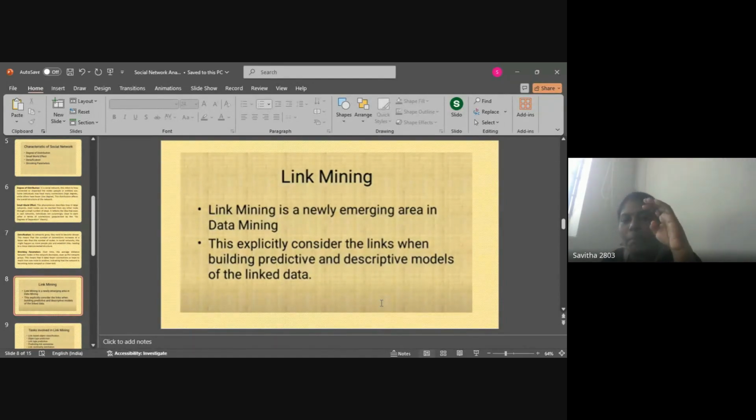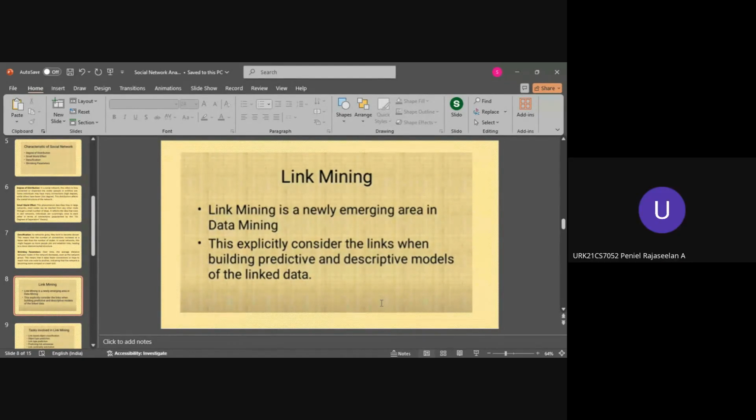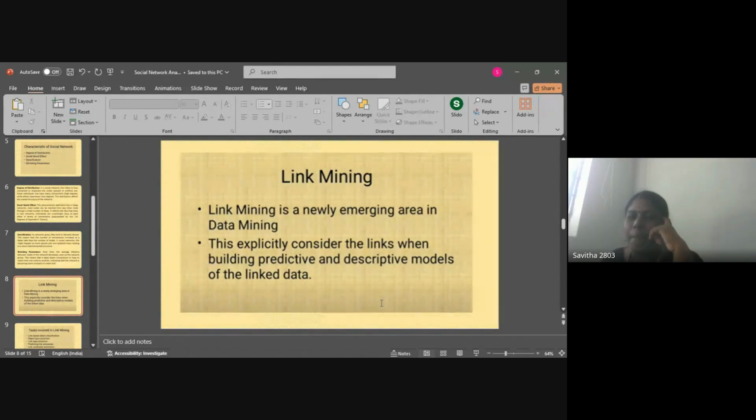We can retrieve information based on the links, or the number of likes or followers, for a particular person, group, network, or media. Based on that we can analyze the data.